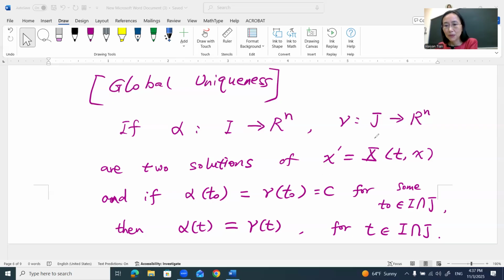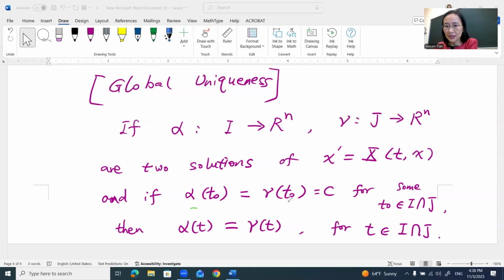both, since they are both solutions of the initial value problem, they should satisfy the differential equation, and they also satisfy the initial data. That means alpha at t naught is c, and gamma at t naught is also the given vector c.